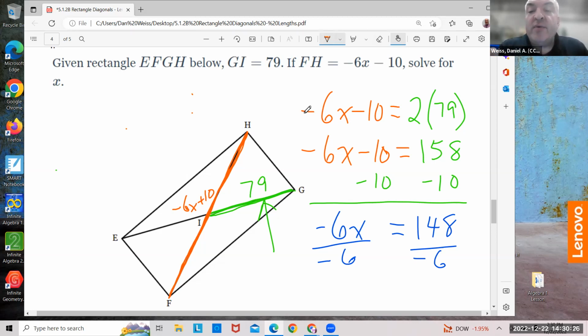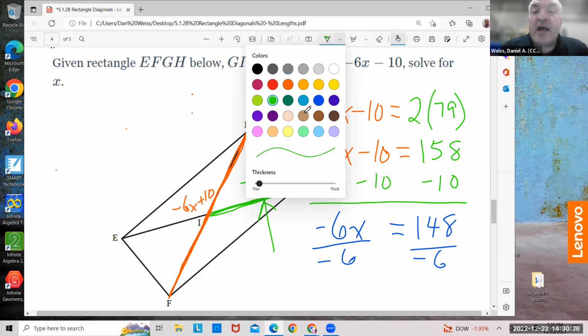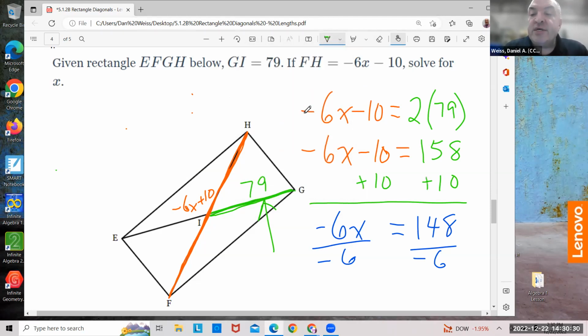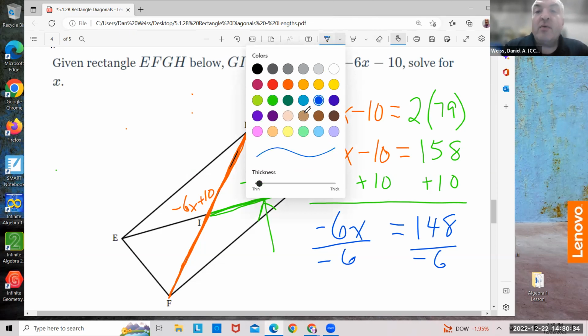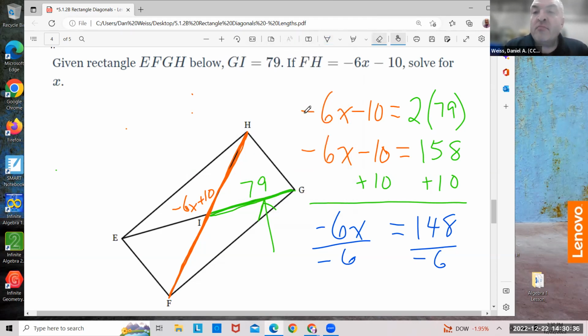So what do I have to do here? I have to plus 10 to both sides, right? So this is going to be 168, okay? Sorry about that.